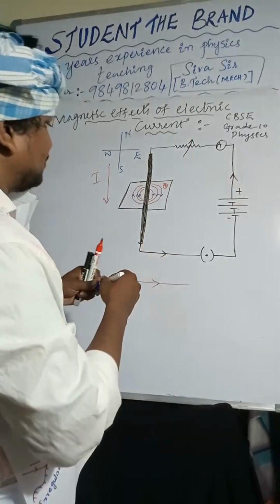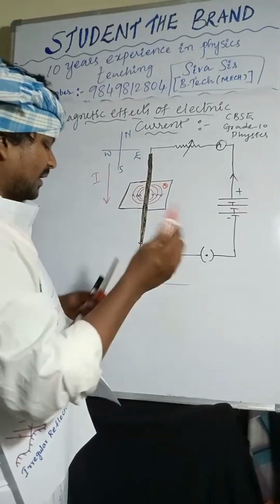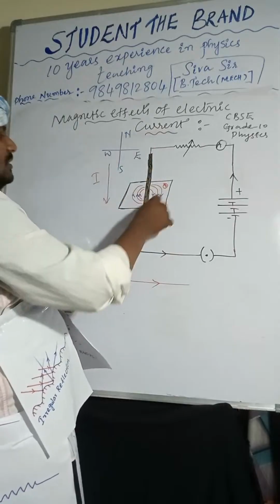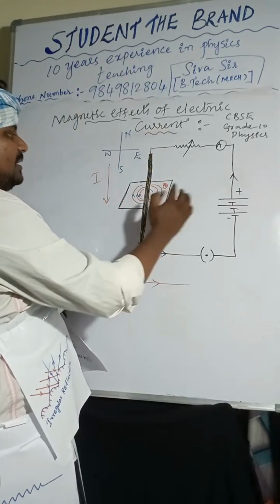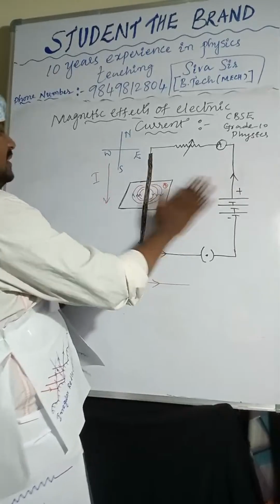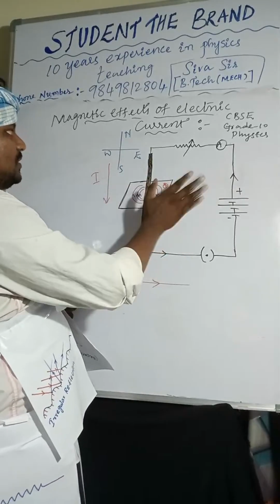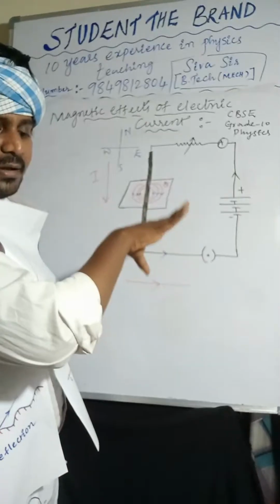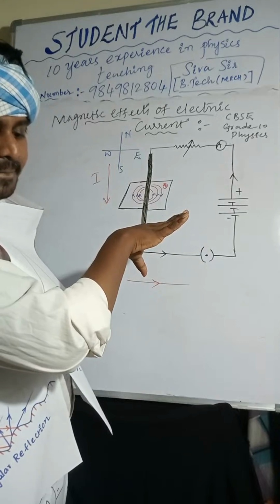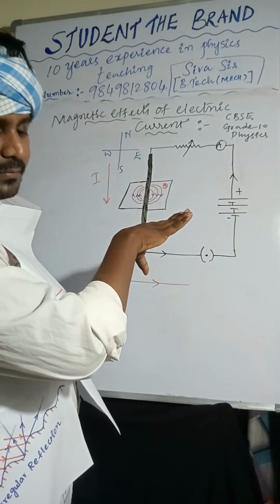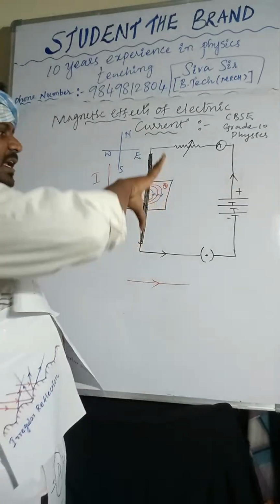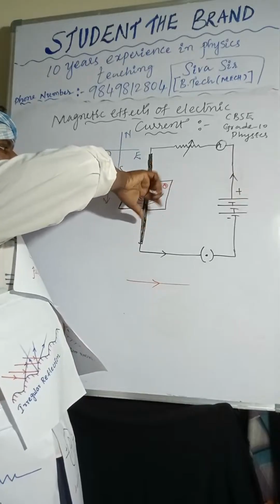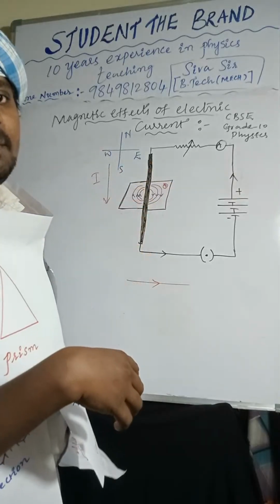If current is moving downward, the magnetic field will be from east to west here, and in the upper direction, north to south. With the thumb showing downward, the curly fingers show the magnetic field.